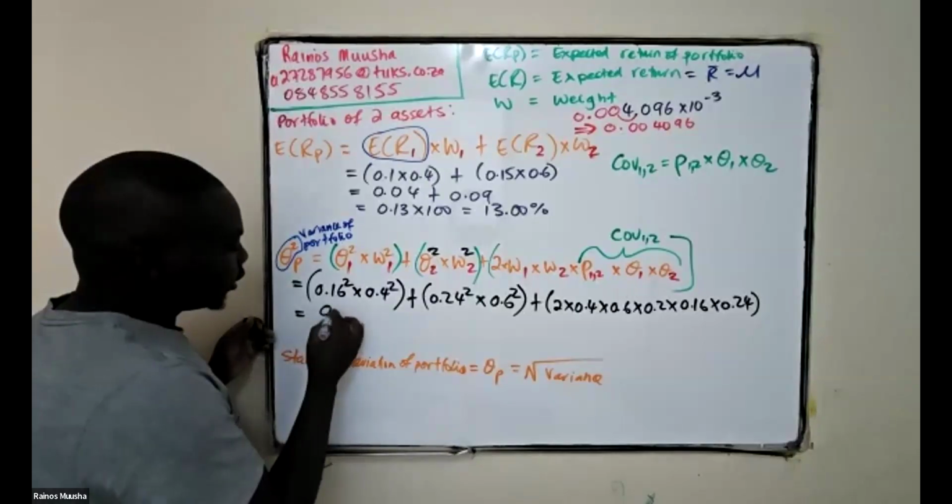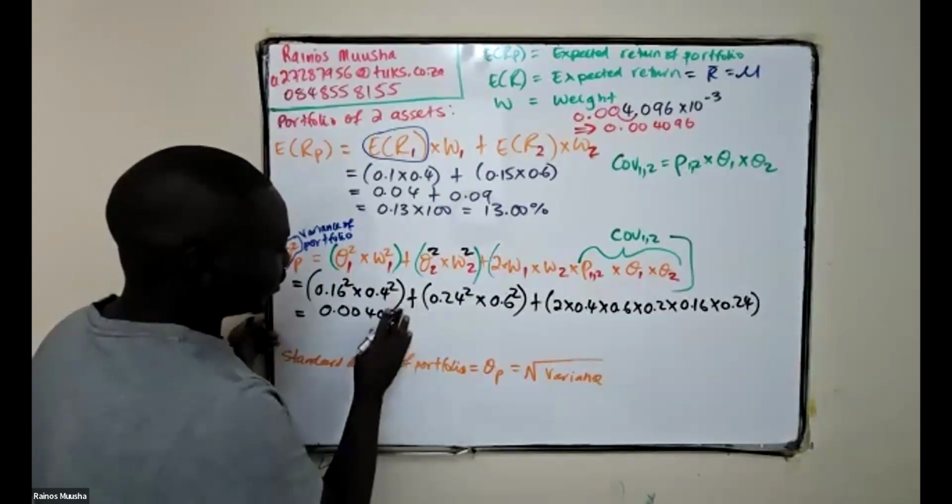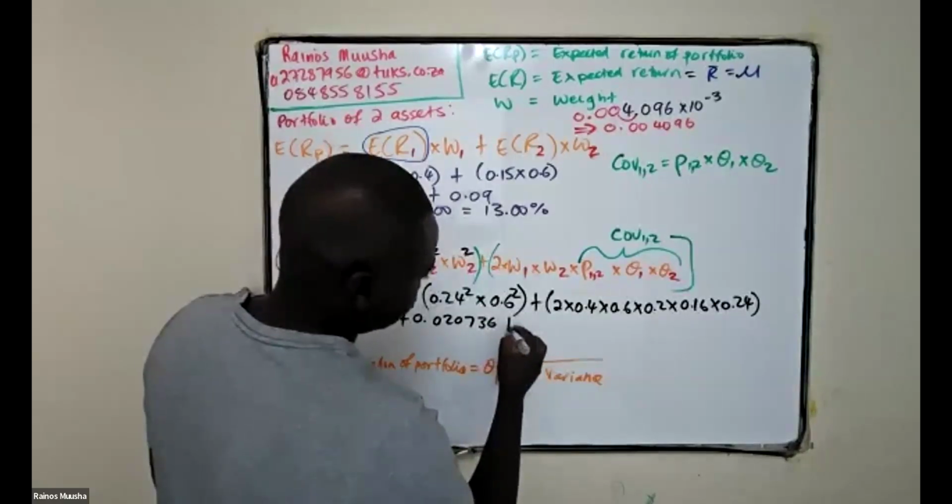So here you get 0.004096, the one on top. And the second one, 0.02736.